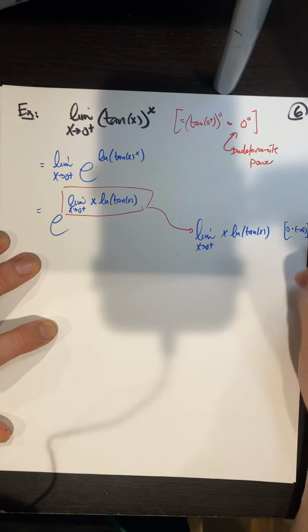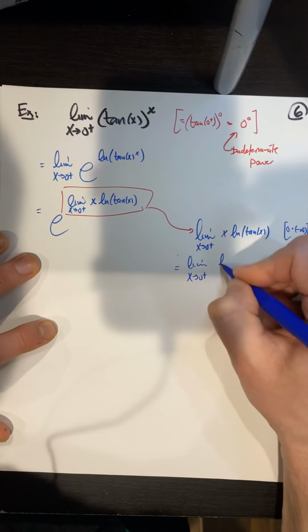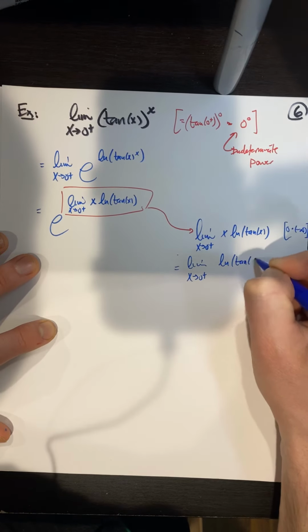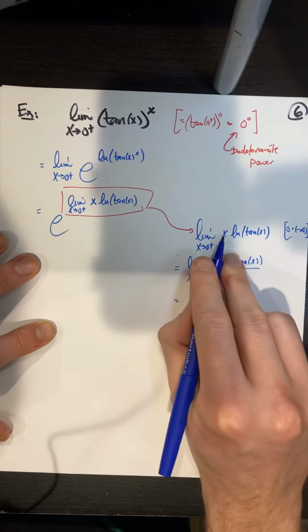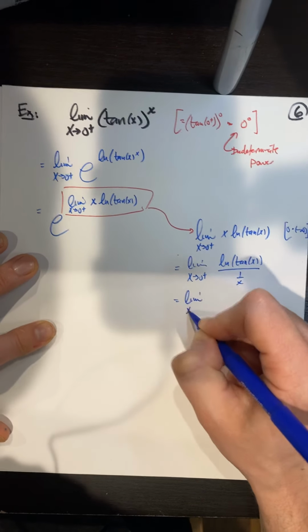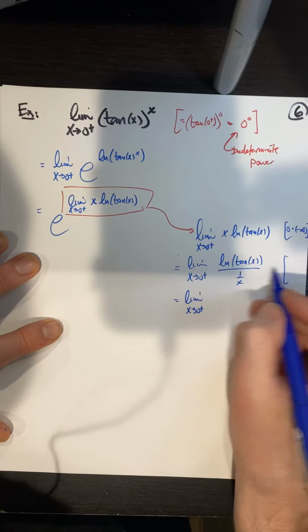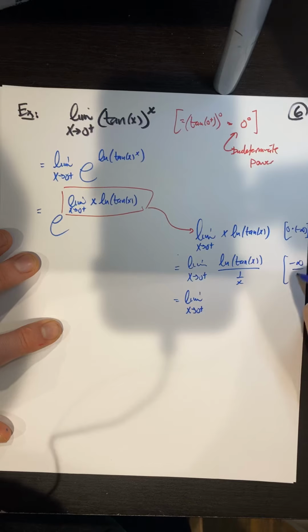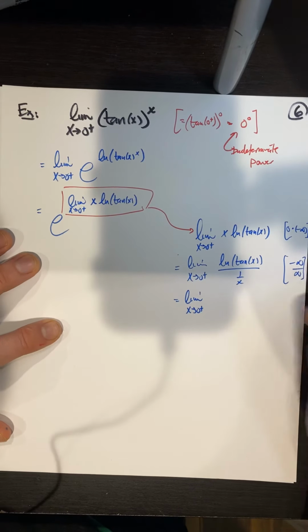So I get a product, again, an indeterminate product. So I have to write this, leave the ln thing alone. Since I'm multiplying by x, I'll write it as ln of tan over 1 over x. Okay? Now, when I plug this in, I would get negative infinity over infinity, because as x approaches 0, the bottom would go towards infinity, which is an indeterminate form as well.